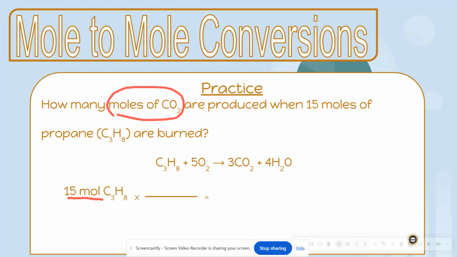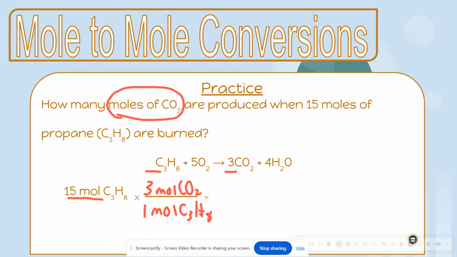moles of CO2. If I have propane on top, I'm going to put moles of propane on bottom. So it's 1 mole of C3H8, and I'm finding CO2, so that's 3 moles of CO2.